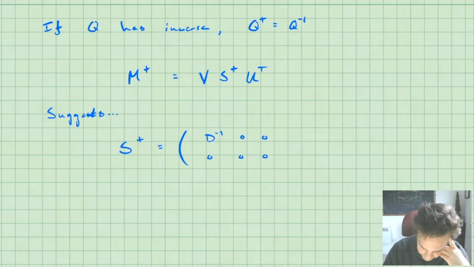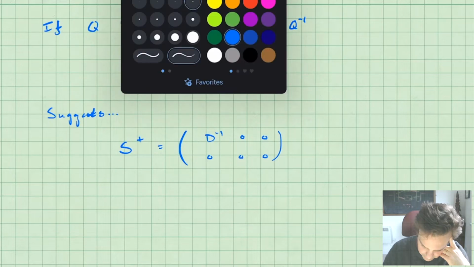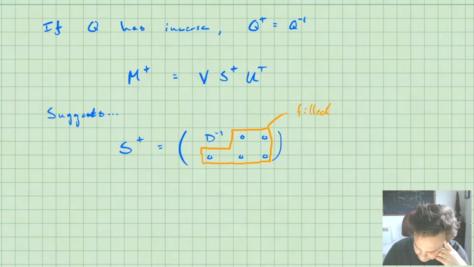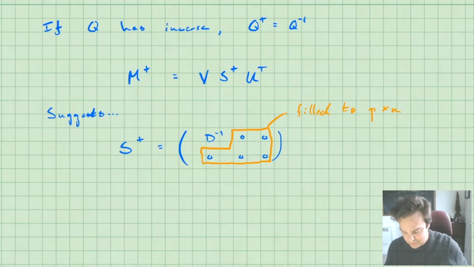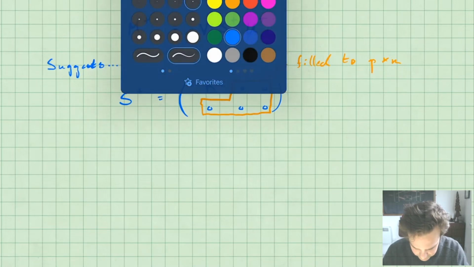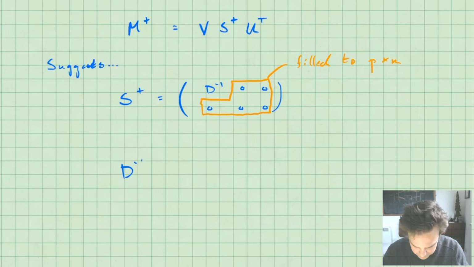And what does it get filled out to? What are its dimensions? I'm just going to write this filled out to p by n, the opposite of the dimensions of M. And what is the inverse here of D? There's nothing funny about that. So D inverse, well, here, you want this to be true.